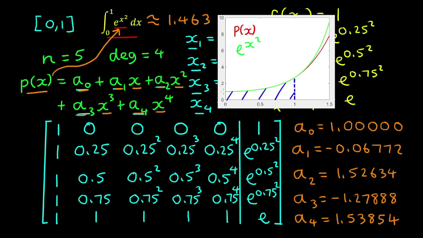Now if we approximate the area under the curve using two trapeziums, so we have one trapezium up to 0.5 and another trapezium up to 1.